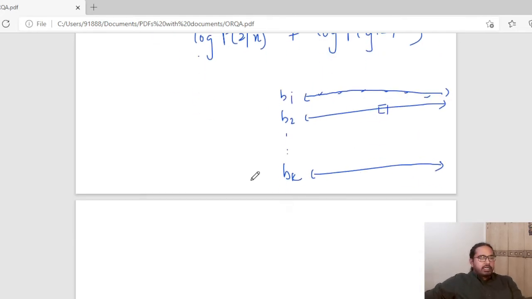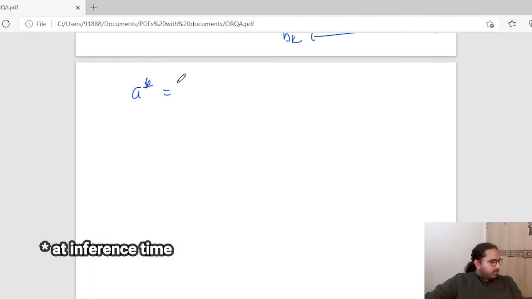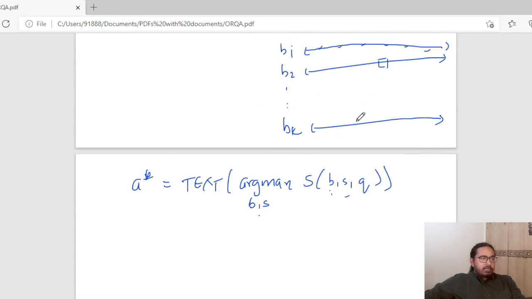So how do we write it mathematically? Mathematically, we say that the answer at inference time is equal to text of argmax over (b, s) of the scoring function. This argmax is calculated over all the blocks and all the spans that are possible.